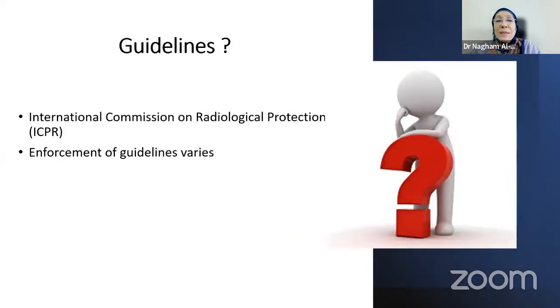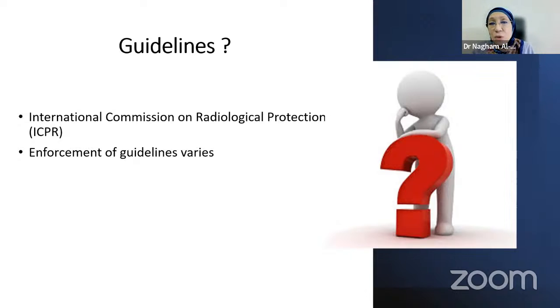Now again, back to the guidelines. How about where to find guidelines? The International Commission on Radiological Protection, the ICRP, regularly publishes reports and recommendations on radiation protection. And these guidelines are accepted worldwide, and they are used as a basis for national legislation.